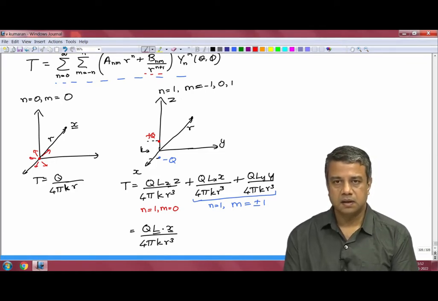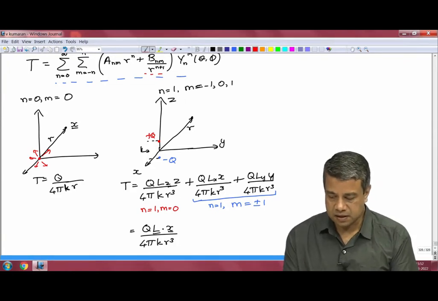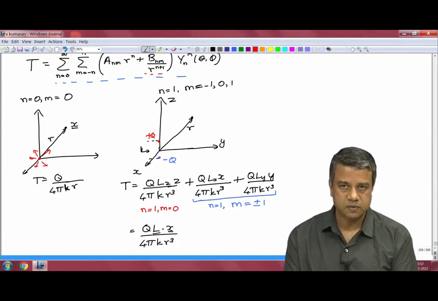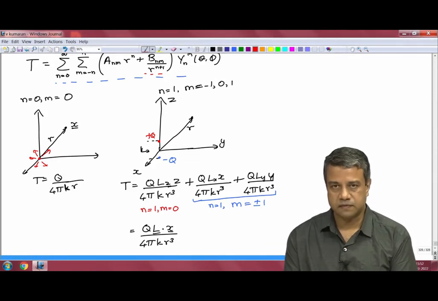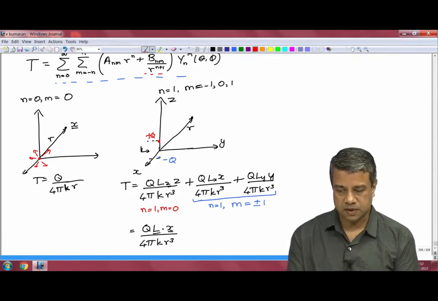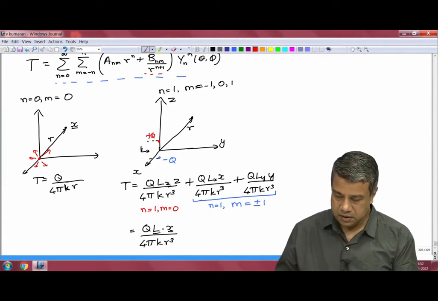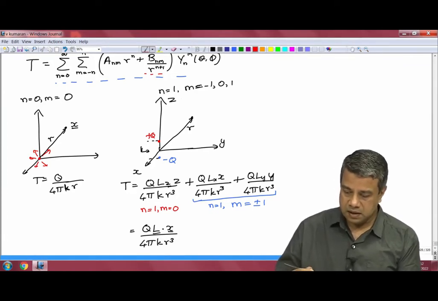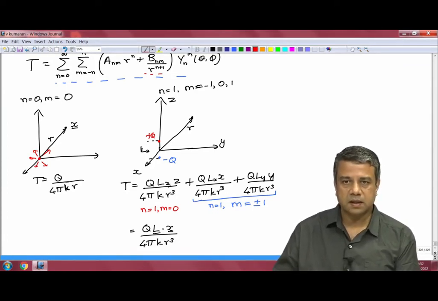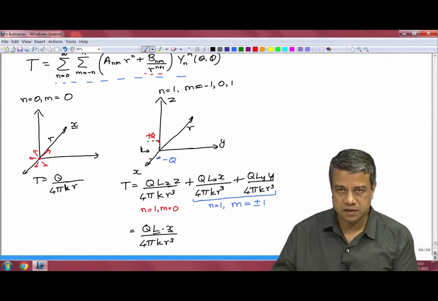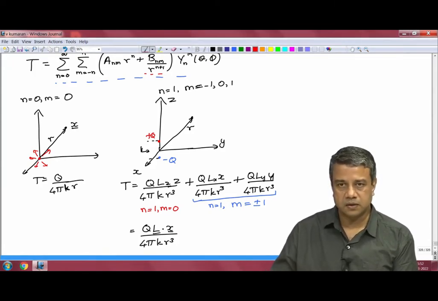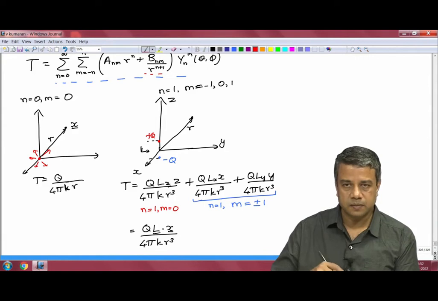In order to get the first term, I have to multiply this second term by r power 2n plus 1. So, in addition to this decaying harmonic solution, there will also be a growing harmonic solution, which I get by multiplying by r power 2n plus 1.